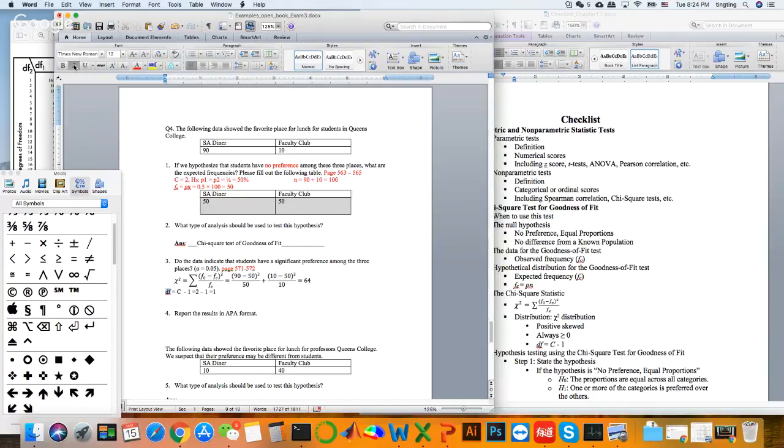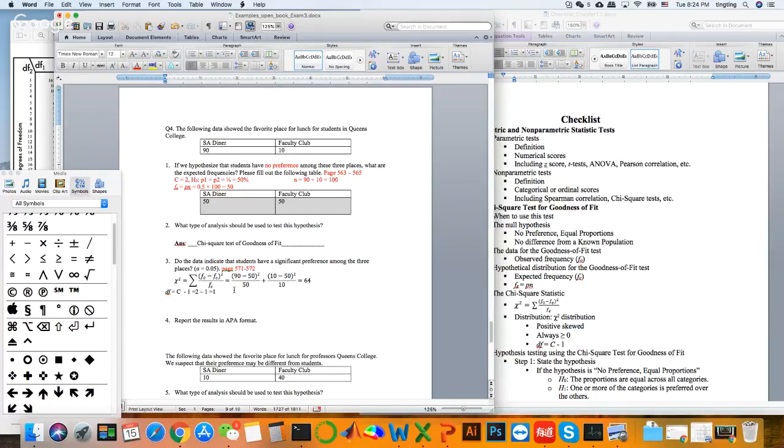And then we need to check appendix B.8 for the chi-square table.